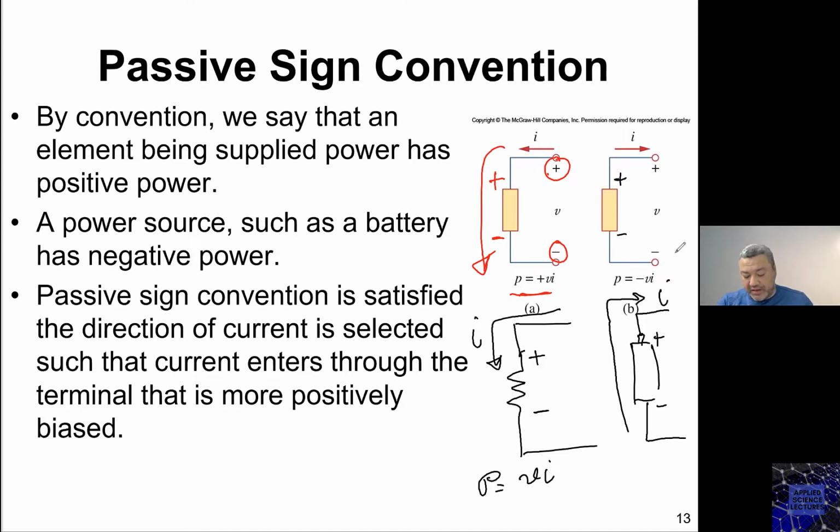So if I have the current entering the negative, leaving the positive, then the power would be written as minus VI. So always look at it this way. And that's going to take us later on to the convention.